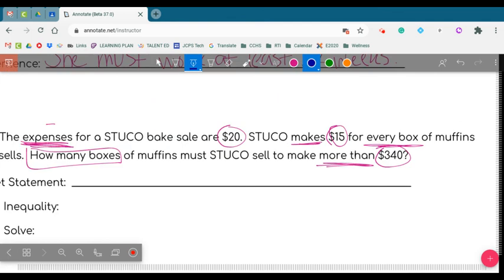Okay, so let's read through this again. Student Council is having a bake sale. Their expenses are $20. If it's their expenses, that means we have to take that away from our total profit. And they make $15 for every box of muffins. How many boxes of muffins must they sell to make more than $340? So think about more than.